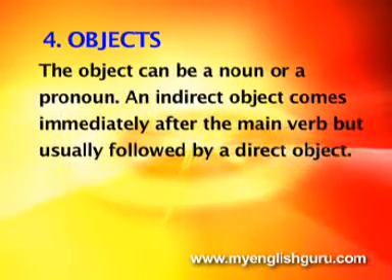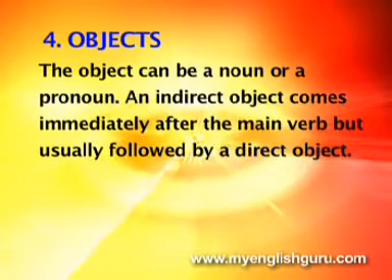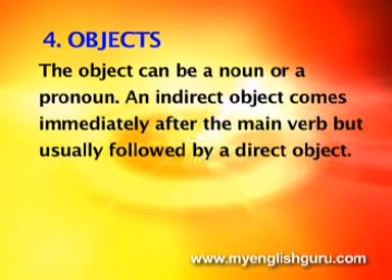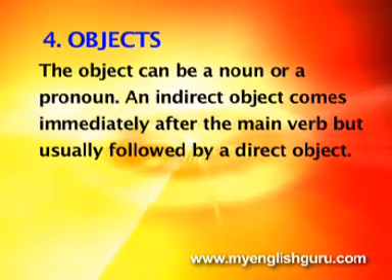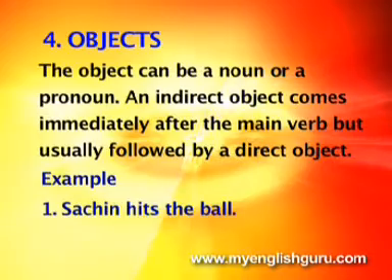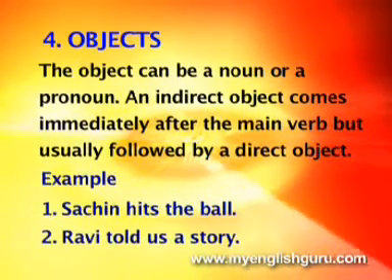The object can be a noun or a pronoun. An indirect object comes immediately after the main verb, but usually followed by a direct object. Example: Sachin hits the ball. Ravi told us a story.